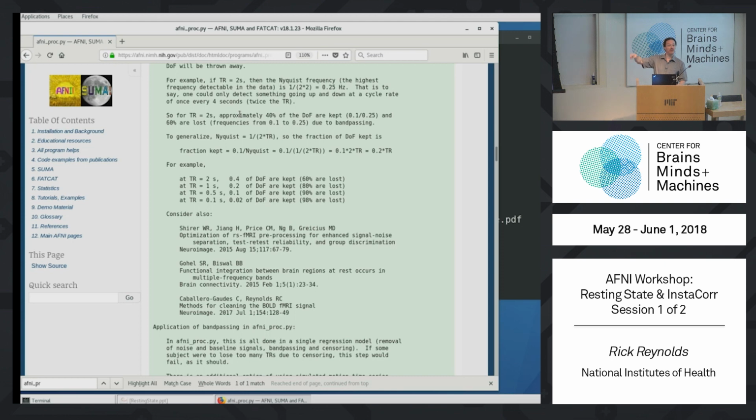So you'll probably get rid of that heart rate. Fantastic. 90% of your degrees of freedom are gone. So heaven forbid that you're censoring as well, and 15% of the time points get censored. Well, we're already in the negatives, and we haven't even detrended the data. We haven't modeled motion. So you take out 90% for bandpassing and 15% for censoring, you're already dead. That subject is long gone.